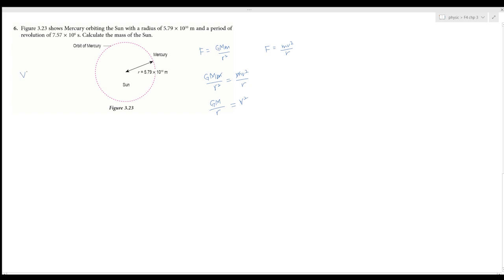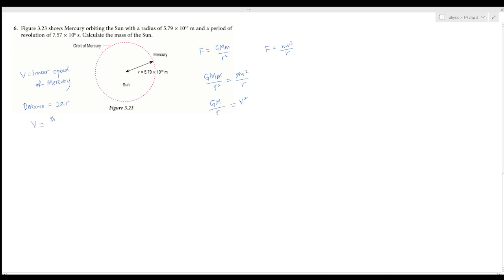V is the linear speed of Mercury. And Mercury is orbiting the Sun. So this is the path of Mercury. This is the circle. The distance of the circle will be equal to 2 pi r.